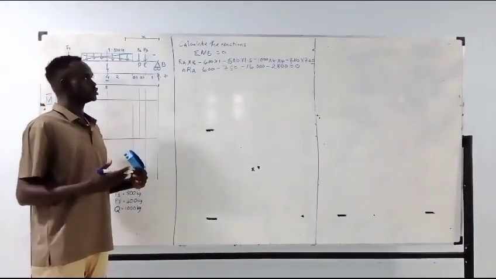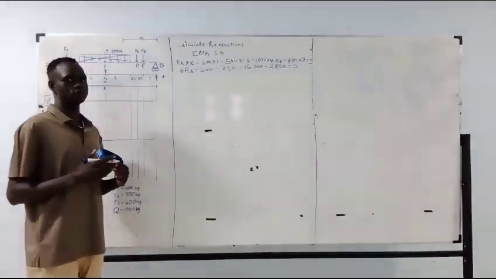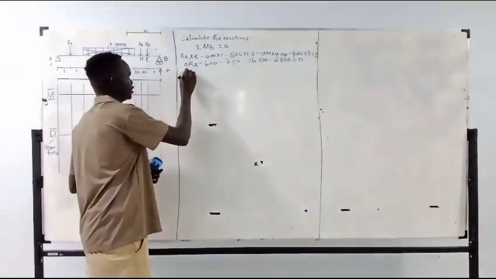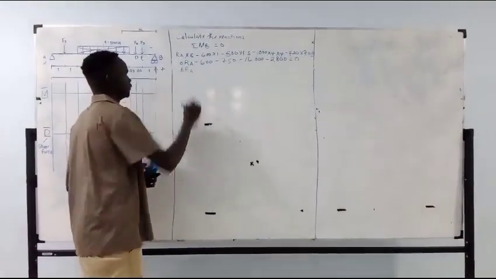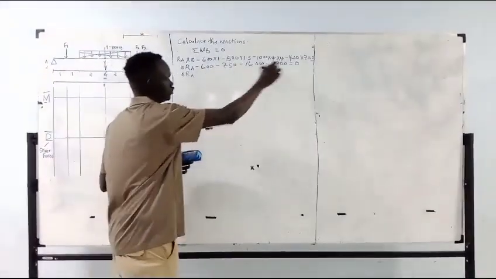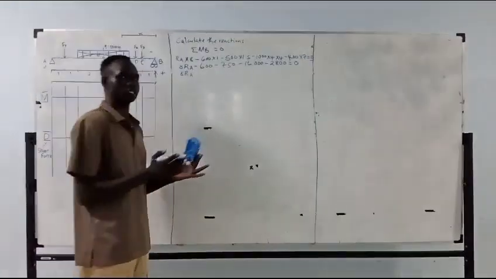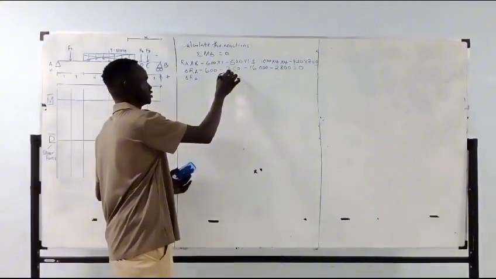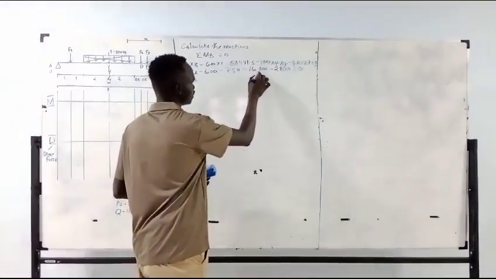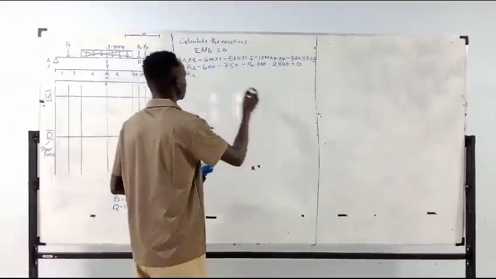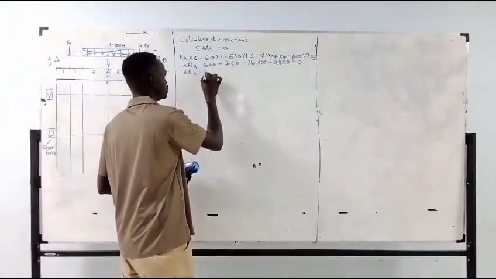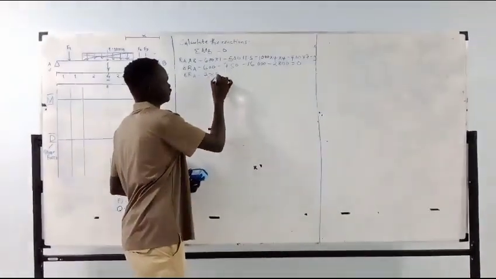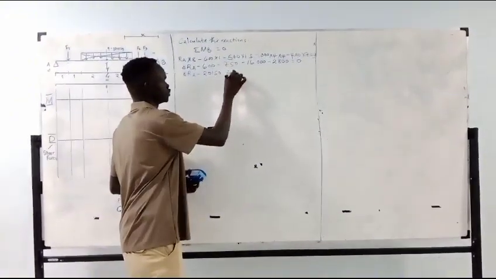From this point, we collect the like terms together. We have 8RA, then collecting the coefficient values, negative 600 minus 750 minus 16,000 minus 2,800 is minus 20,150, equal to 0.